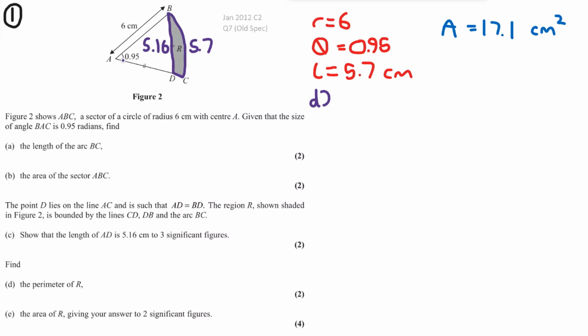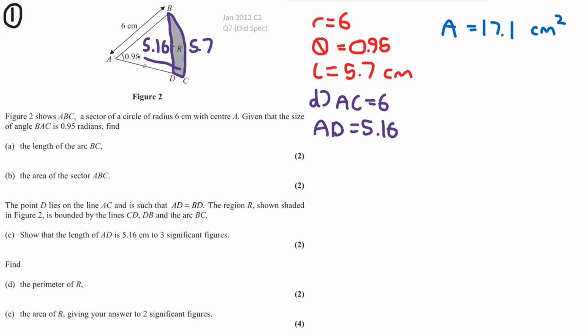Now we know that AC, the entirety of AC, so this whole thing here, is the radius of the sector, and we know that the radius is 6, so we know that AC is equal to 6, and we also know that AD is 5.16.